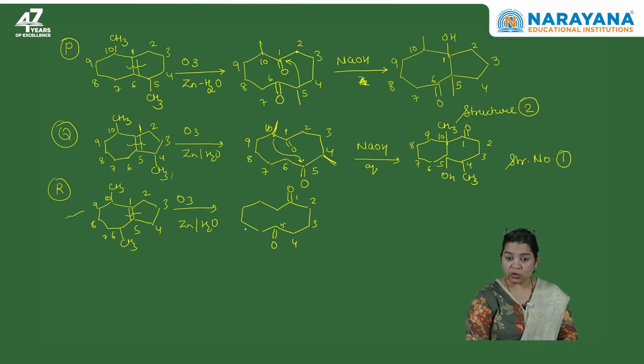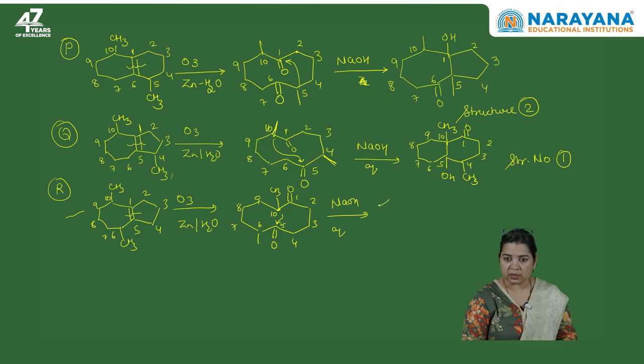6 and 10 should have methyl. So here there will be a methyl. 6th will be methyl, then 7, 8, 9 and 10. Again, the ring closure should be of a stable enolate and carbonyl, forming a stable structure.